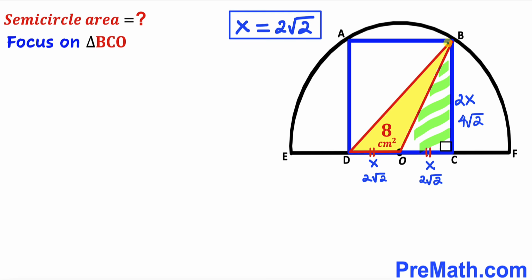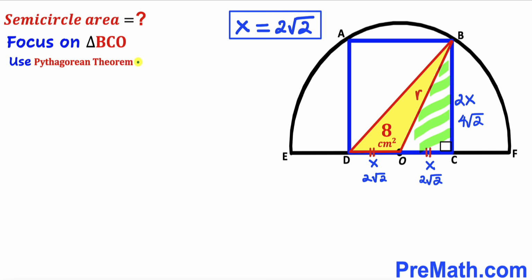And furthermore, let's make an observation. We can see that this OB represents the radius of this semicircle. I'm going to label this radius as lowercase r. And now our task is to find the value of this radius lowercase r.